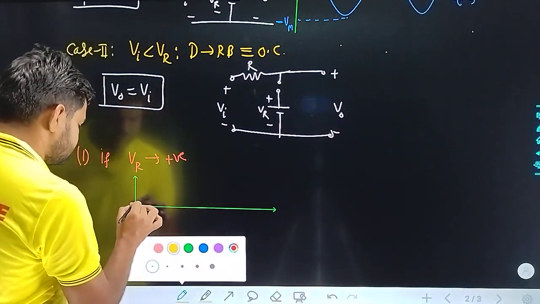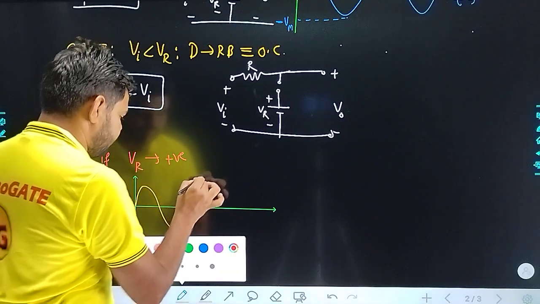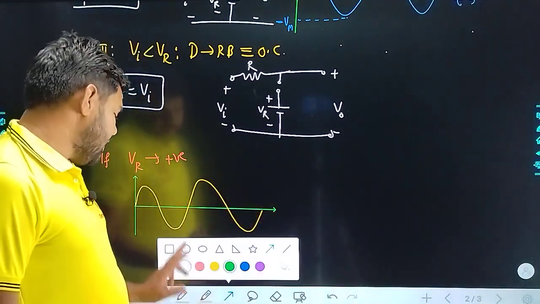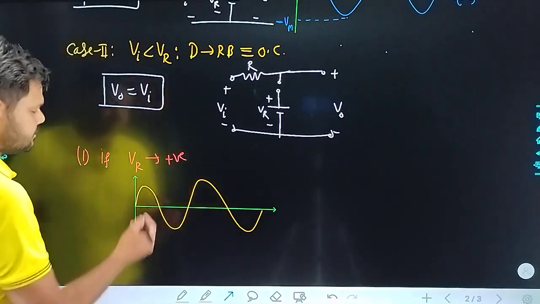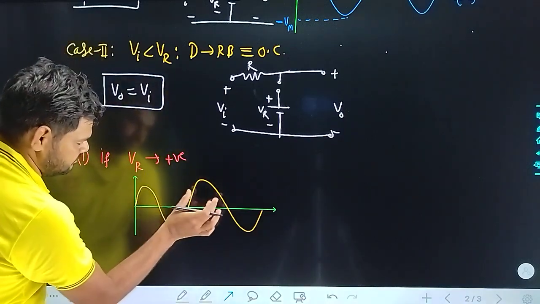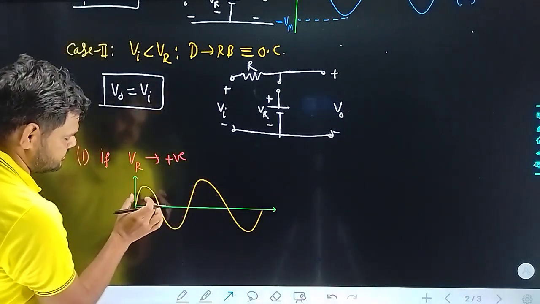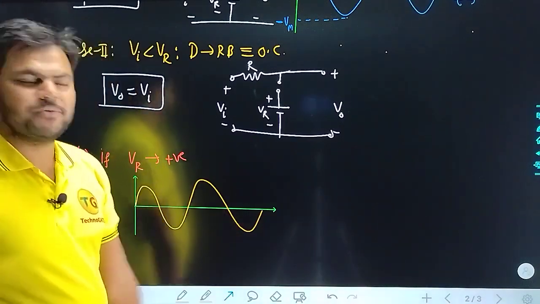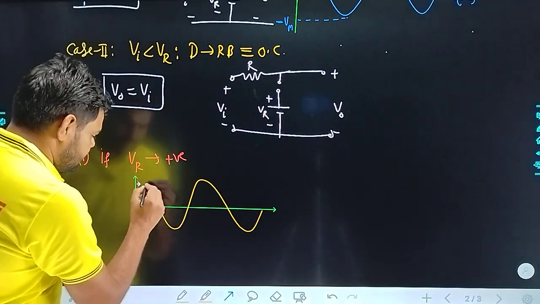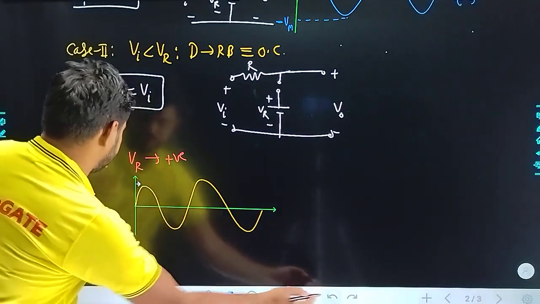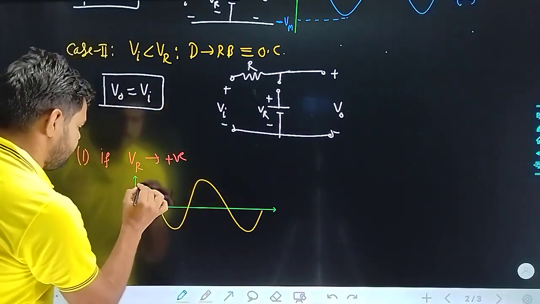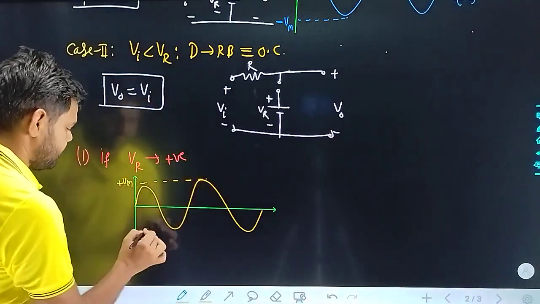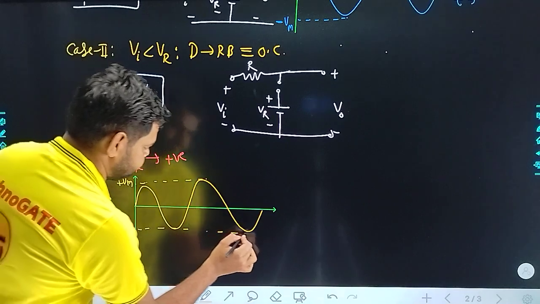Suppose this is the input waveform which I have drawn over here, and we have taken V reference to be positive. Just assume each and every section is of plus minus Vm value. So these levels are plus minus Vm.